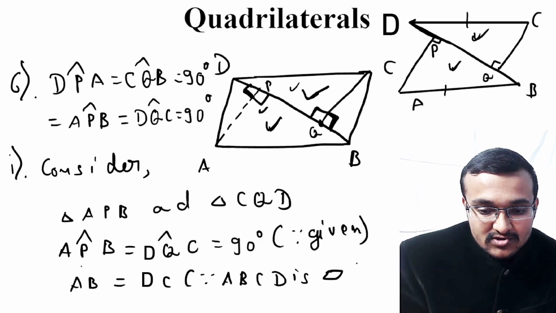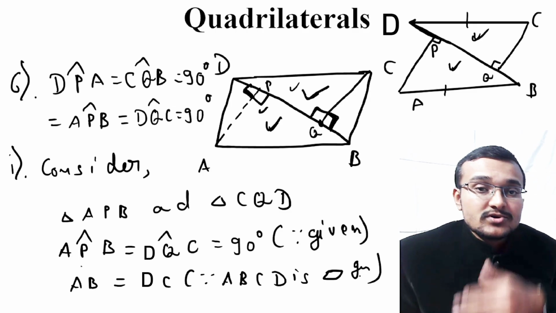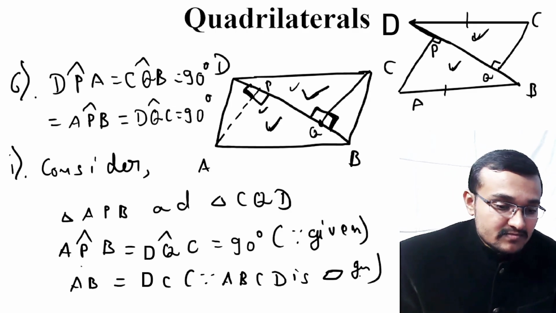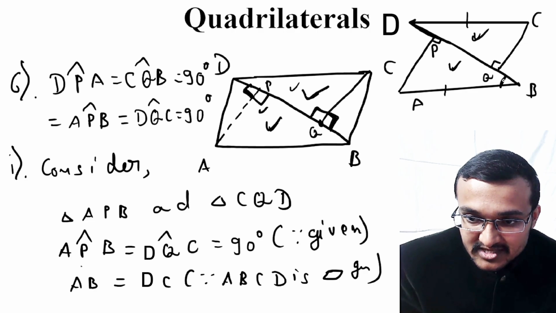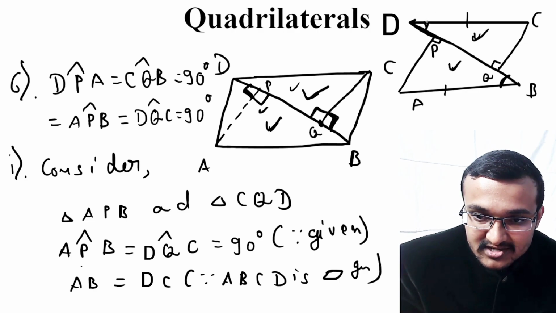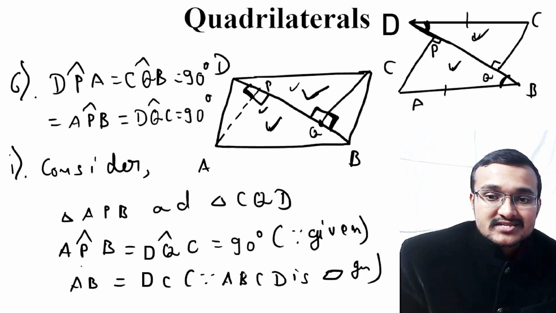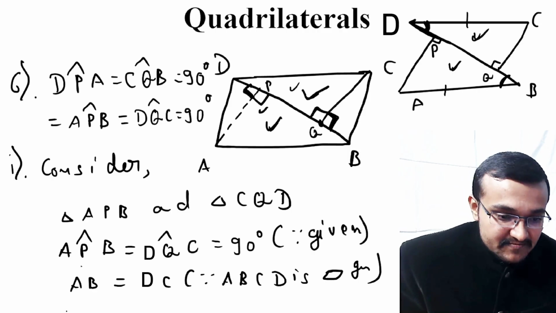ABCD is a parallelogram according to theorem 8.2. Here opposite sides will be equal in a parallelogram. And if you consider this particular angle and this particular angle, they will be equal to each other because BC is parallel to AB.